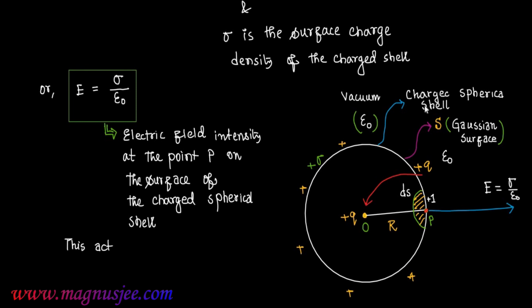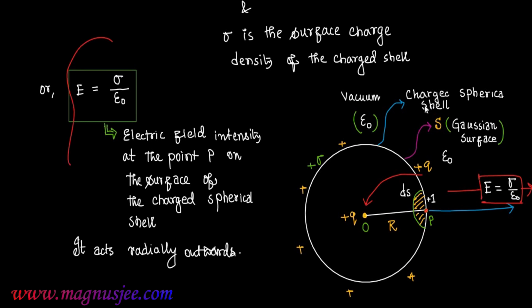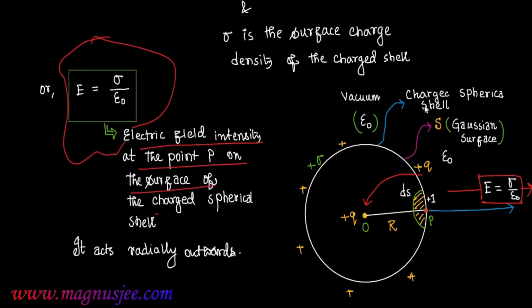That means this is the electric field intensity at the point P on the surface of the spherical shell. This field intensity acts radially outwards, not inwards. So hence we get the expression of electric field intensity, which is E equals sigma by epsilon 0.